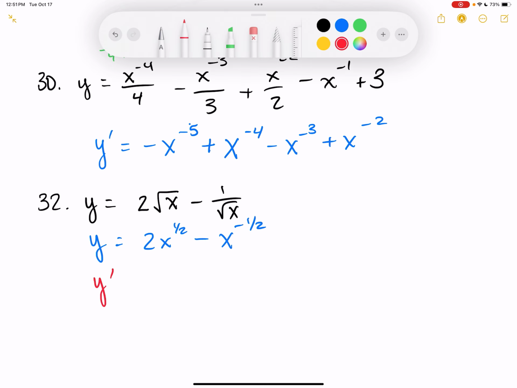So the derivative of 2x to the 1/2 would be x to the negative 1/2. So the 1/2 and the 2's cancel on it. So x and then subtract 2 over 2, so that'd be negative 1/2. And then what about the negative x to the negative 1/2?